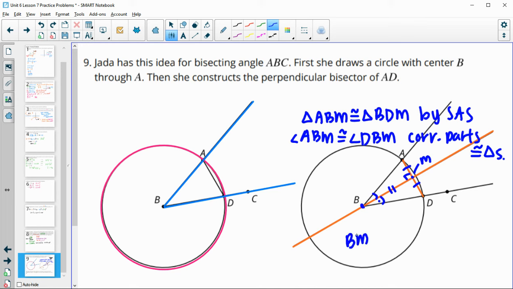So ray BM is an angle bisector by definition, because it splits that angle in half. So yes, it works for her to draw a circle, connect it, mark the intersection as D, and then make the perpendicular bisector.